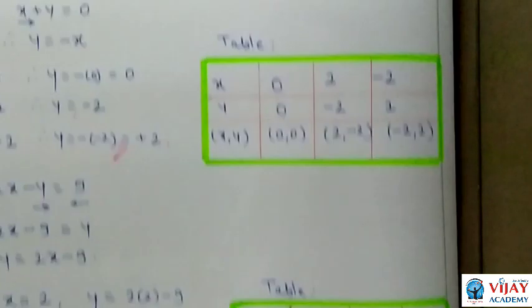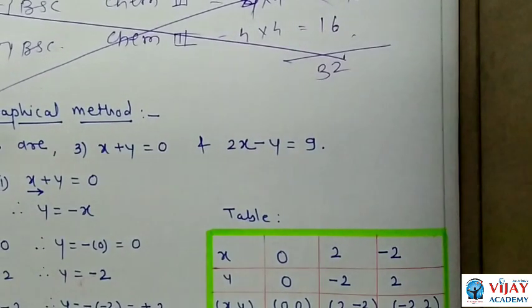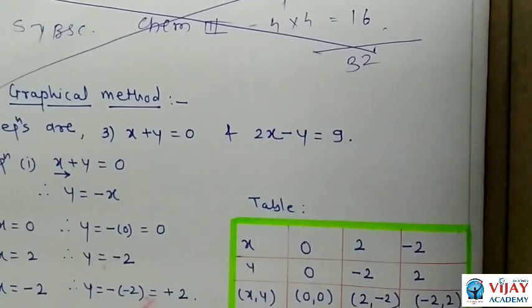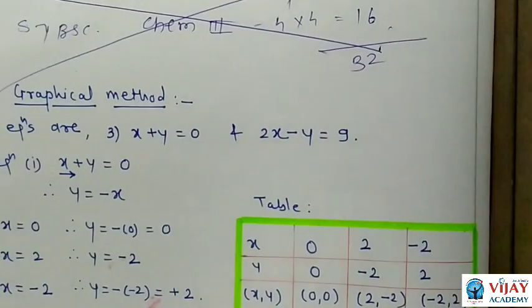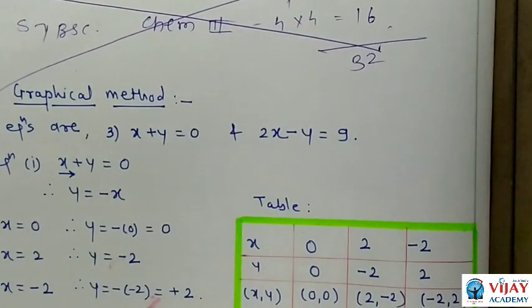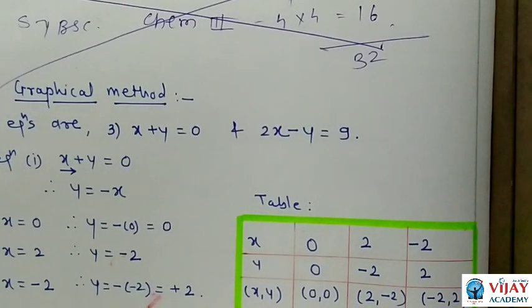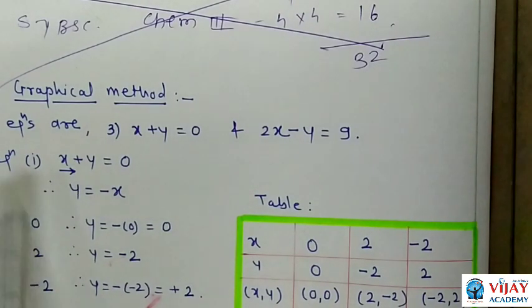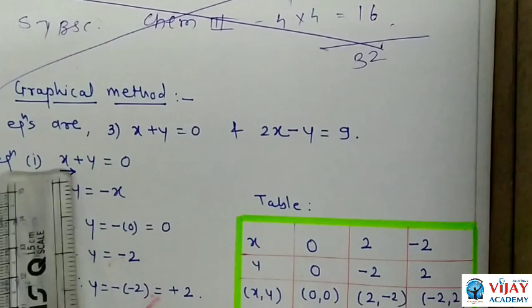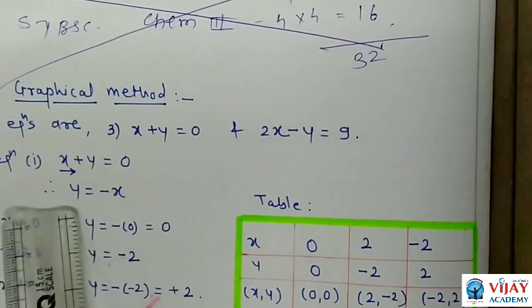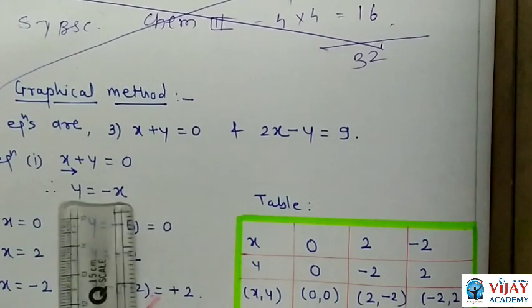First one is the graphical method. We will take the third equations, x plus y is equal to 0 and 2x minus y is equal to 9. From equation 1, x plus y is equal to 0, we get y is equal to minus x.